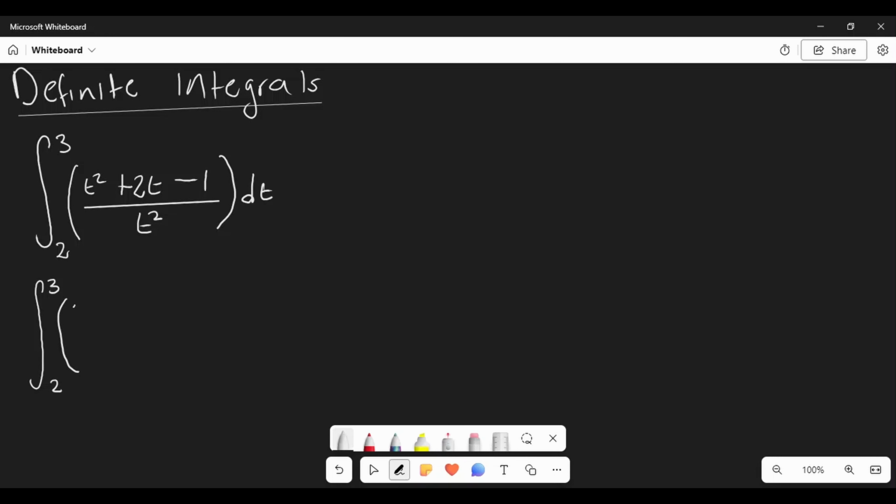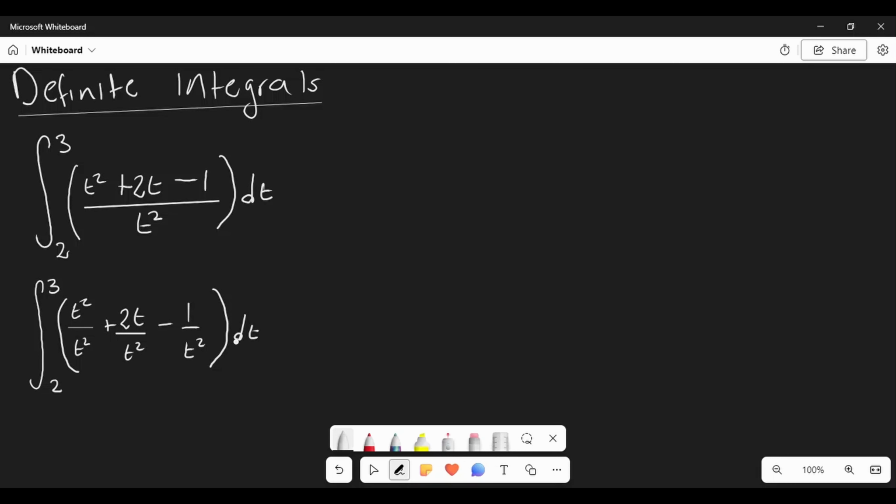So let's do it. So t squared divided by t squared, right, plus 2t divided by t squared, right, minus 1 divided by t squared. Basically this is you simplifying, guys.